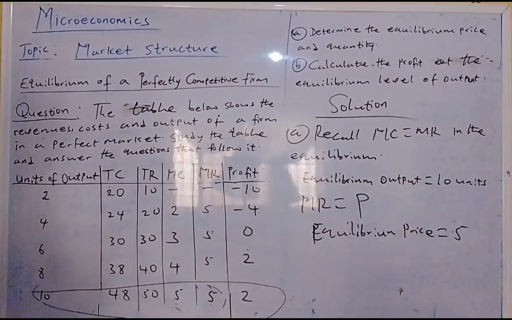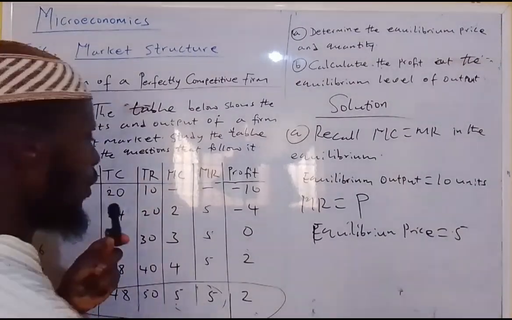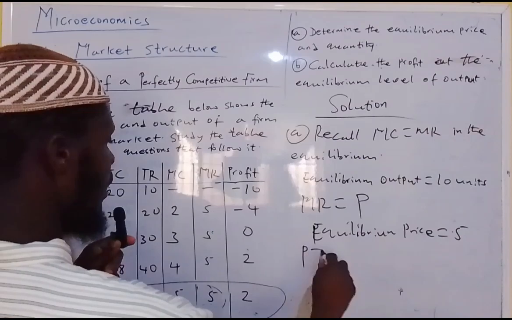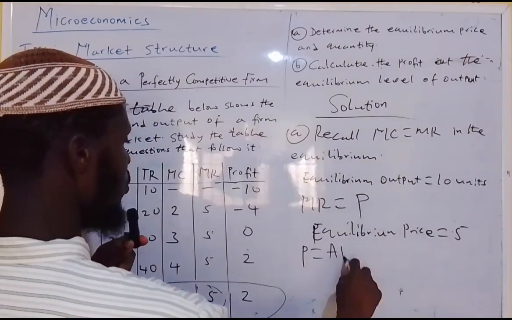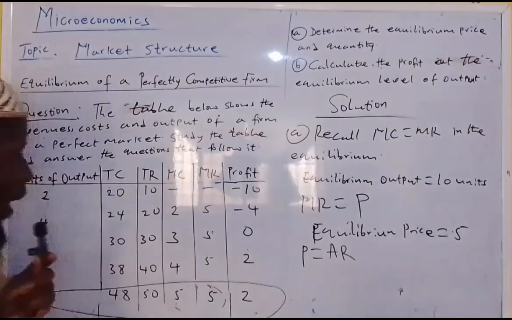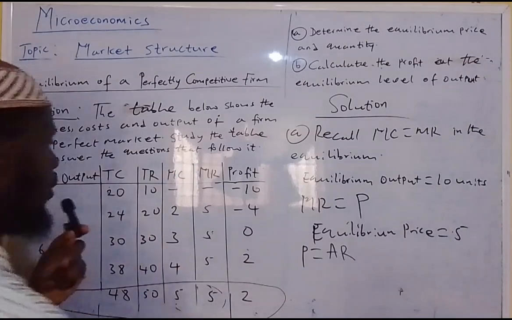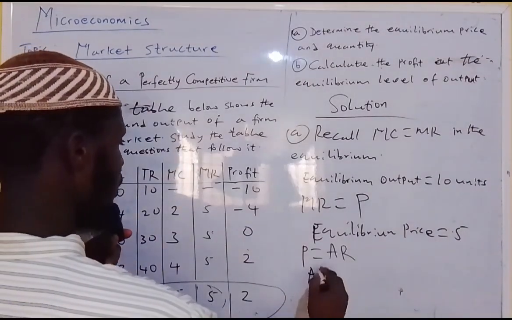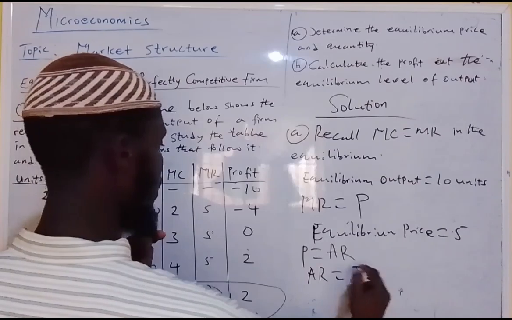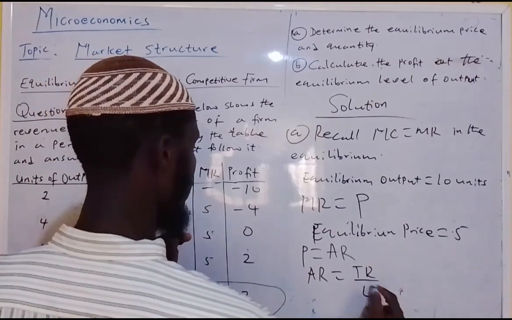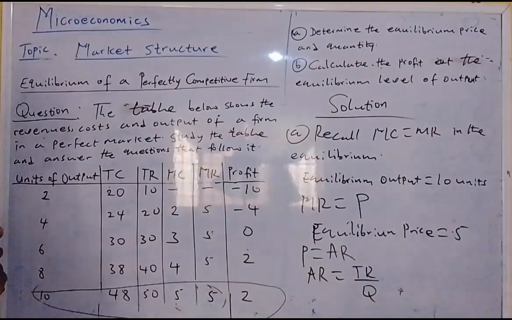Another way of determining the equilibrium price, in a situation whereby you are not given a price directly, is to recall that the price is always equal to average revenue. So I can derive my average revenue from total revenue. In other words, average revenue equals total revenue divided by Q, where Q is the unit of output.